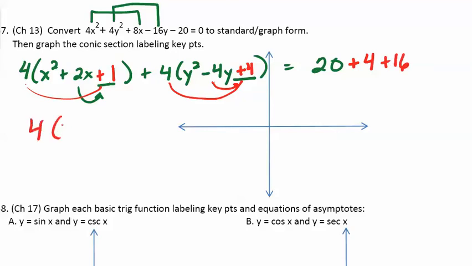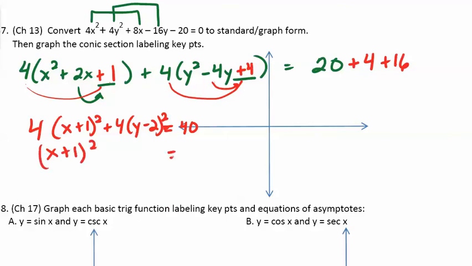So now we've got 2 perfect square trinomials, and on this side we've got 40, and now to get it into our standard form we're going to divide both sides by that 40 so that this side will equal 1. So when we take 4 over 40, that will leave a 10 down here, and here we've got 4 divided by 40, so that leaves a 10.